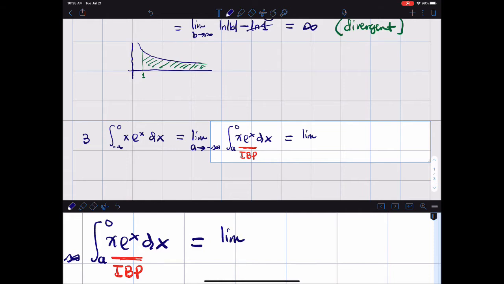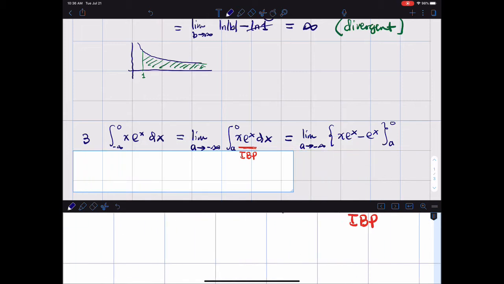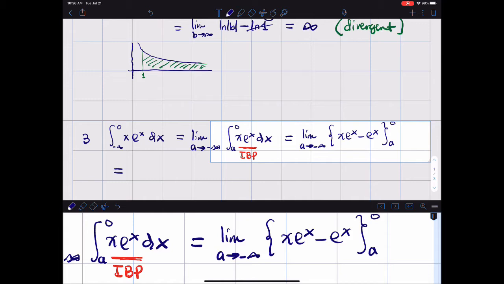the limit as a goes to negative infinity, and what we have is x e to the x minus e to the x, and then you're going from a to 0. After integrating x e to the x, we get x e to the x minus e to the x, I believe.